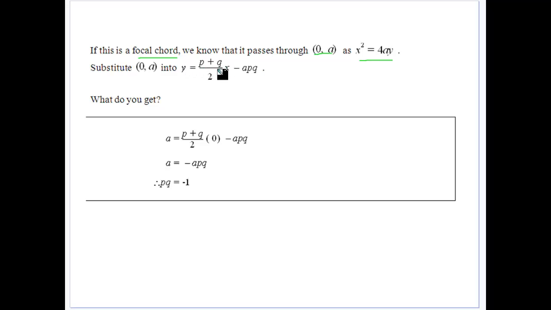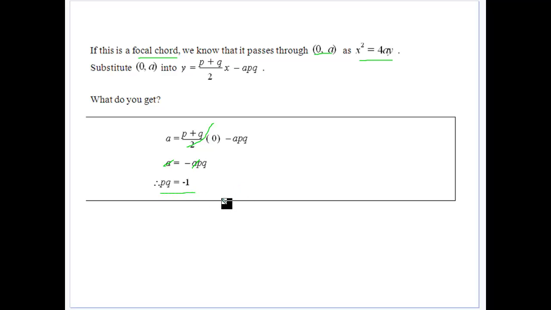So on this equation, then we must have a being equal to minus APQ, because this part is 0, so we get rid of it, and we get minus APQ, and thus if we do a cancellation here of the a and divide by minus 1, we get the result that PQ is equal to minus 1.